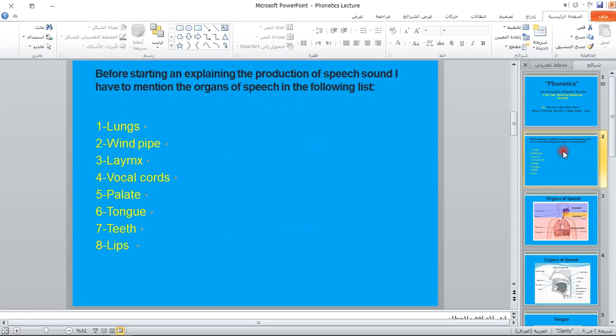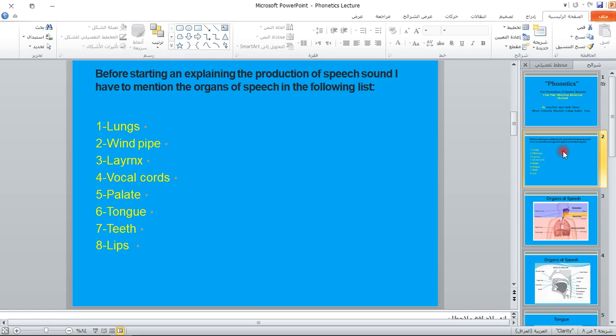Before starting and explaining the production of speech sounds, I have to mention the organs of speech in the following list. Lungs. We consider lungs as the source of air in our body. Windpipe, the link between lungs and other organs of speech.